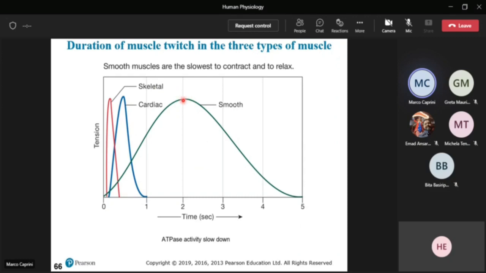Or let's think of the tonic muscle that we analyzed before. They spend less ATP to maintain the contraction. Why? Because the ATPase activity is low.